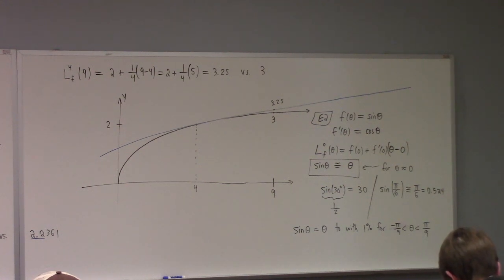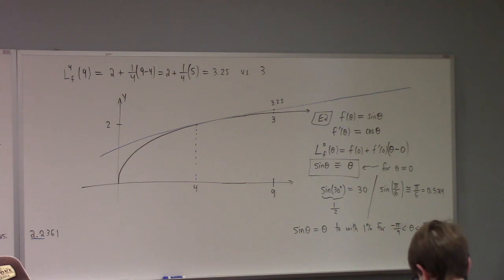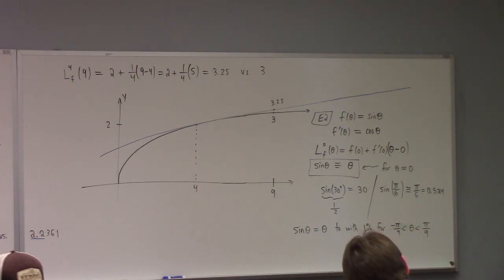Now the other thing you can do is talk about the differential at x equals a. So here we talk about dy is equal to f prime of a times dx.